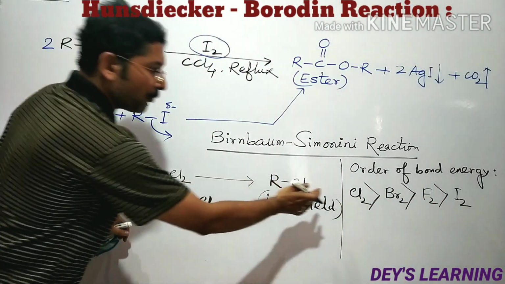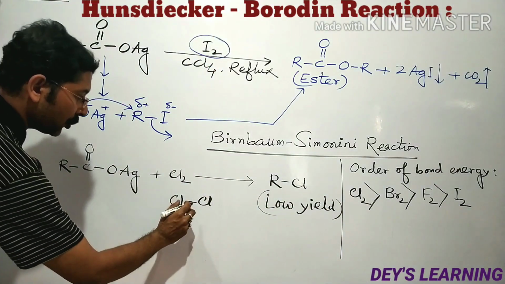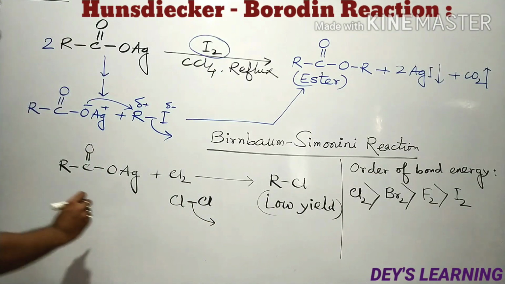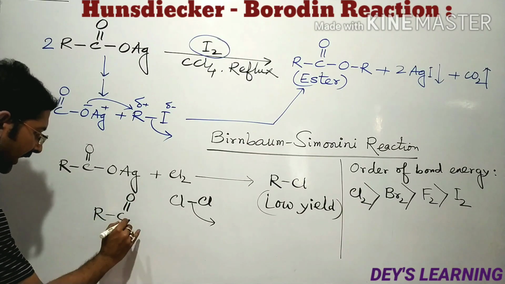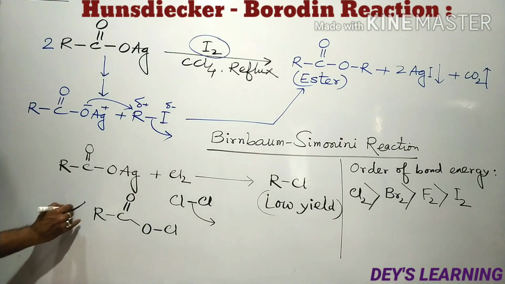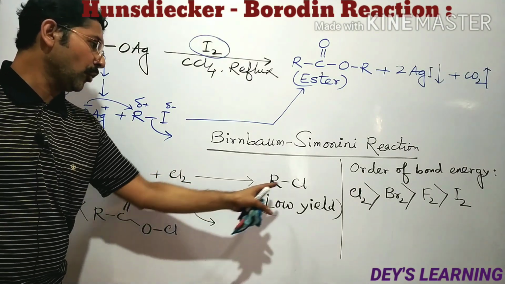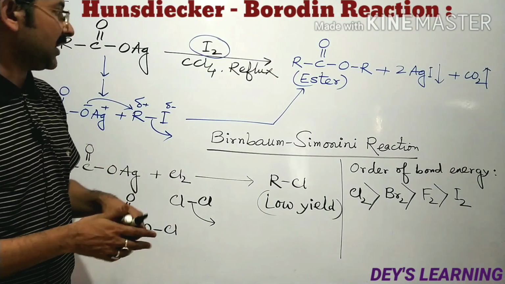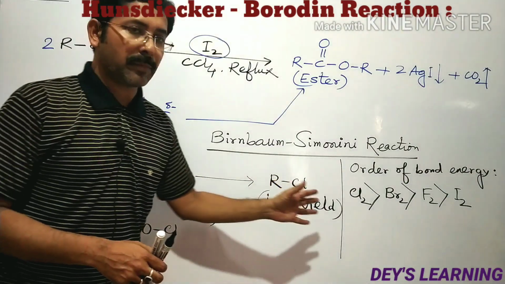So the bond energy of chlorine molecule is very high. So it is very difficult to break this bond. So the formation of acyl hypochlorite is not easy. So this one is a very low yield reaction. So I have told the reaction of bromine, iodine, and next with chlorine. Fluorine doesn't participate in this reaction.